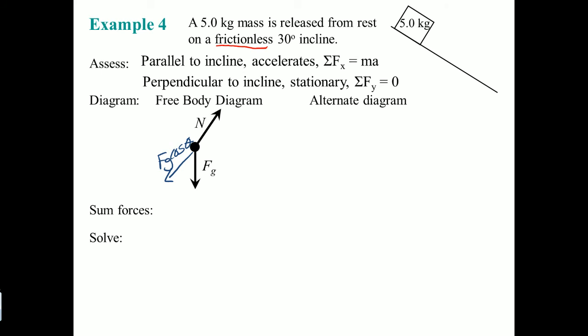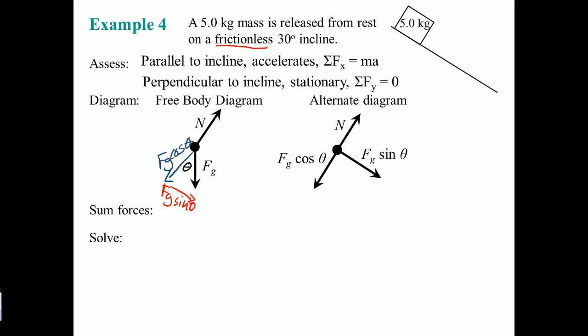And then we have the horizontal part, which is going to be down here, Fg sine theta, because again, theta is right here. This is the free body diagram. Don't draw the component. So this is what I was trying to get you to understand.